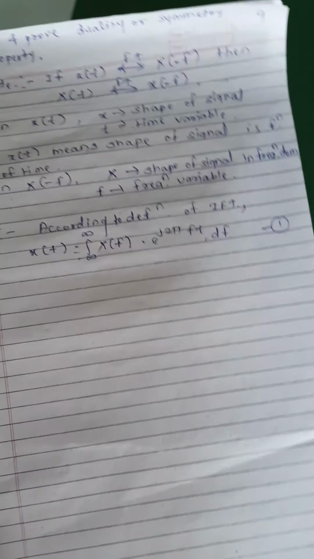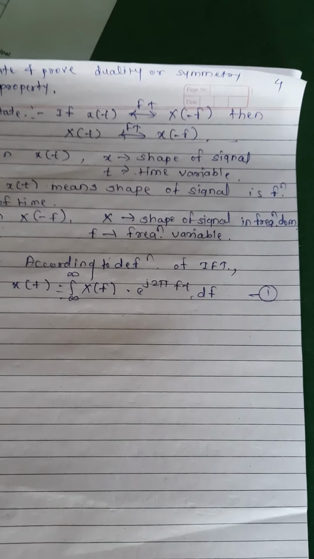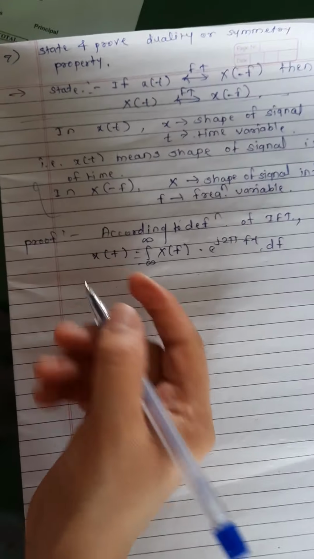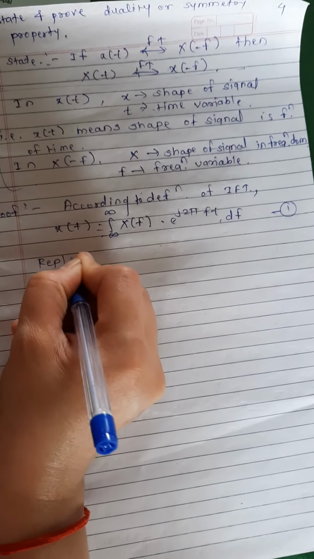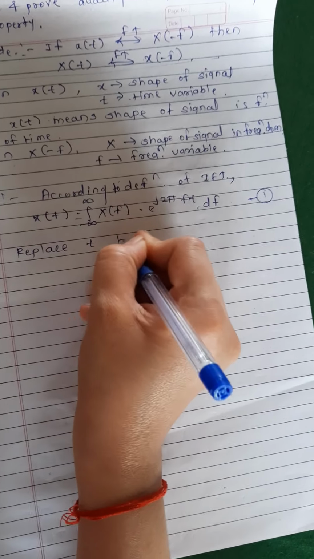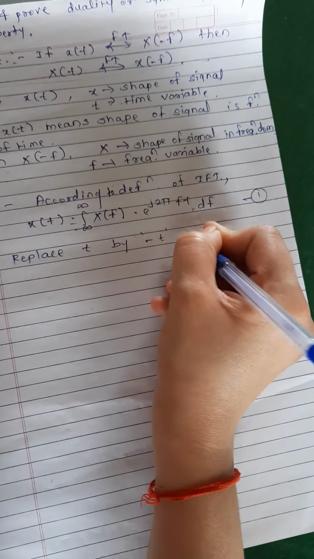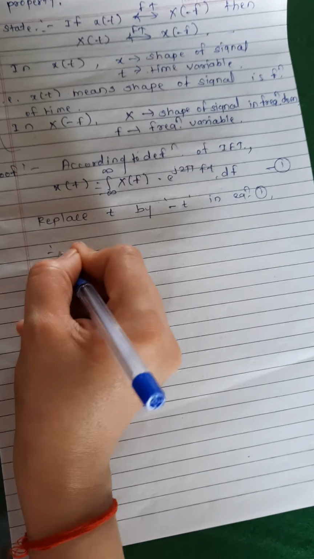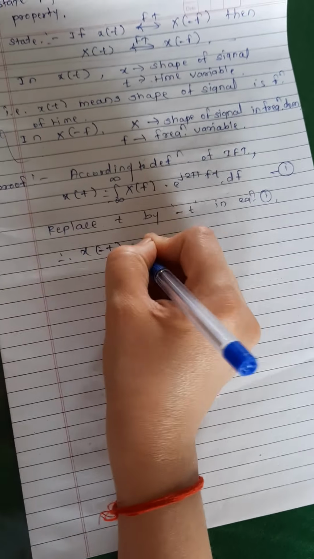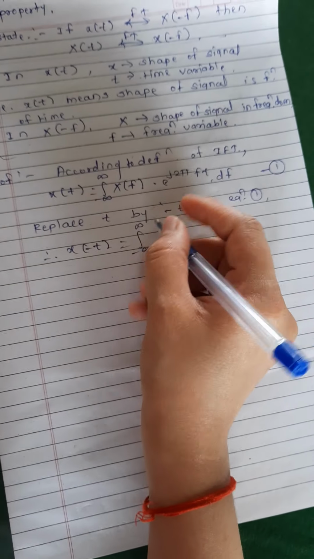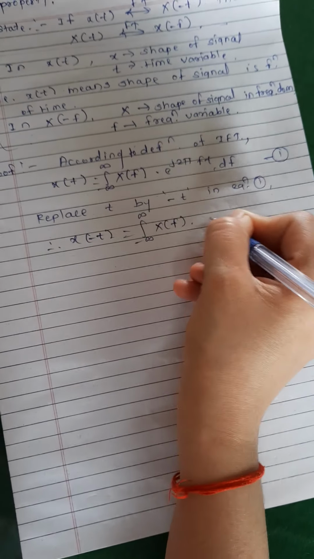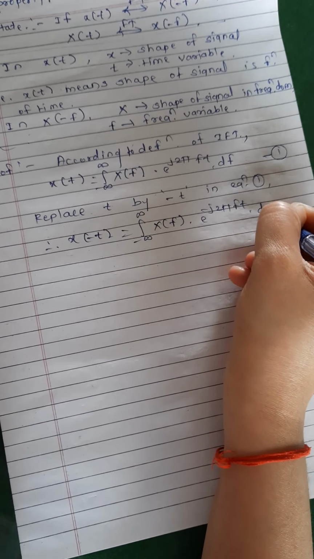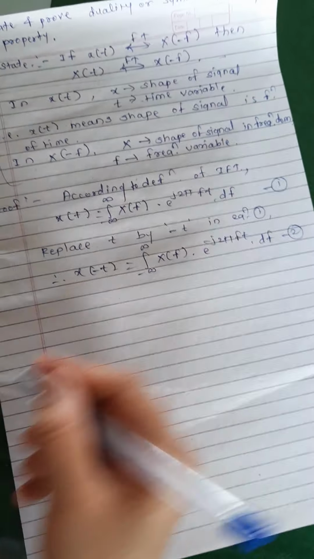This is equation number 1. Now replace t by minus t in equation 1. Therefore x of minus t is the integral from minus infinity to infinity of X of f e raised to minus j 2 pi f t df. This is equation number 2.